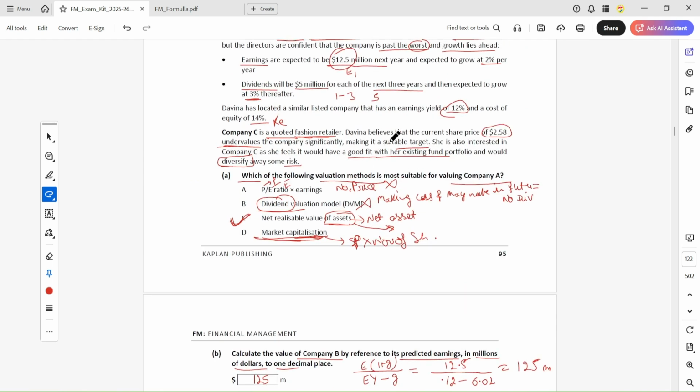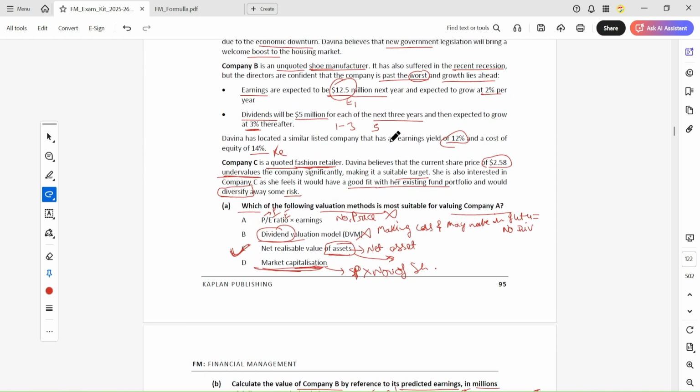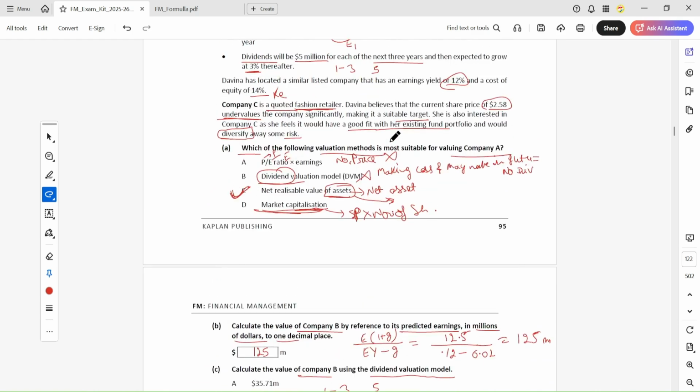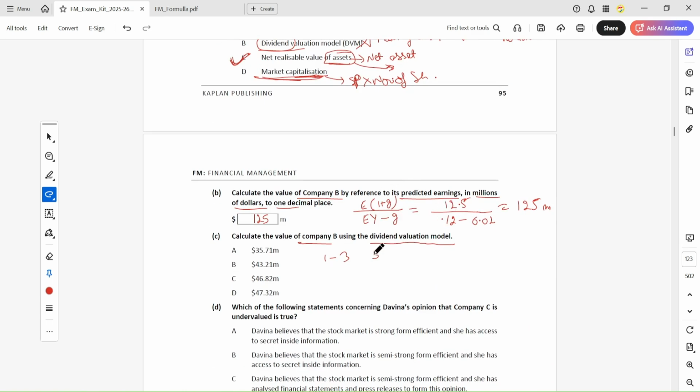From the fourth year to infinity, this will be 5 plus 3% every year.